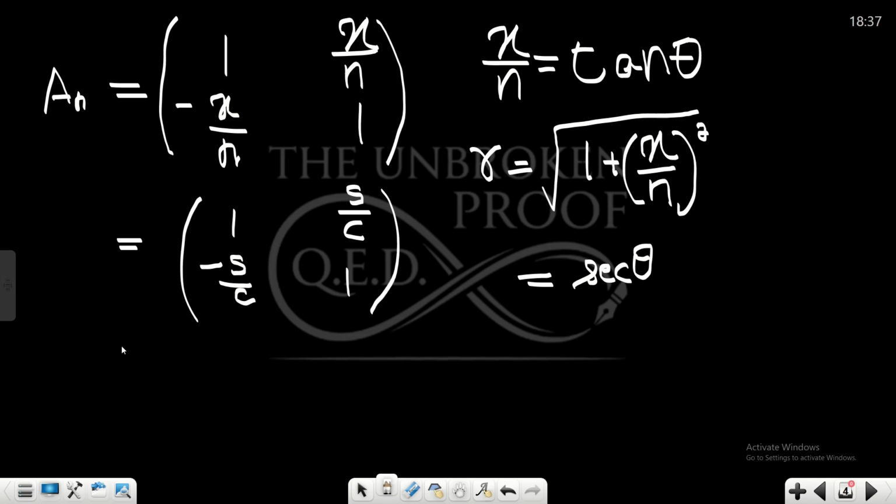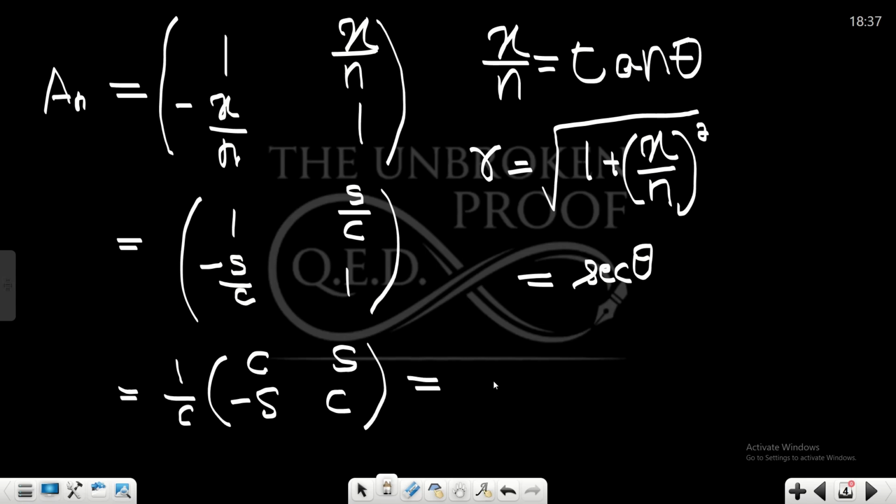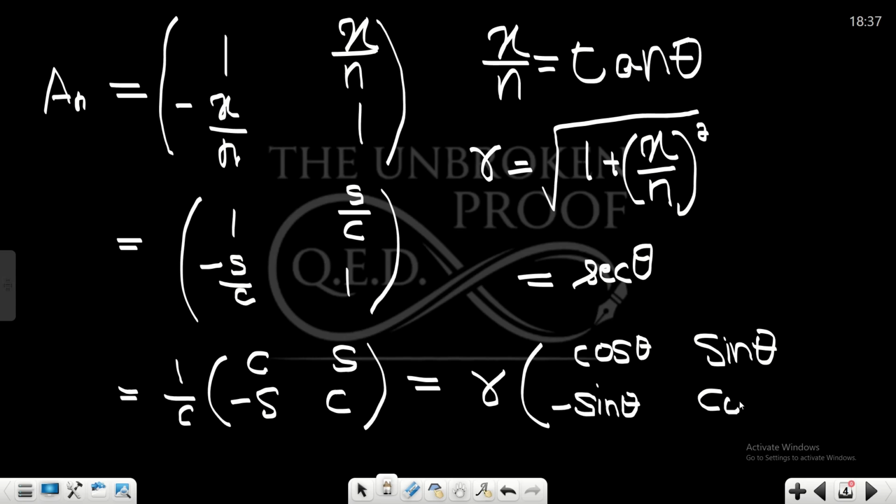If I take out 1 by cos, then you'll get secant theta over here. So you'll get c, s, minus s, c, and 1 by c is just secant theta, and secant theta is equal to r, so we place over here r times the matrix cos theta, sin theta, minus sin theta, and finally cos theta. So this is your matrix A n.